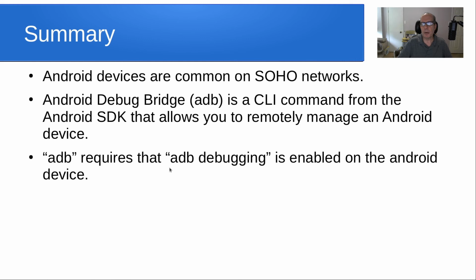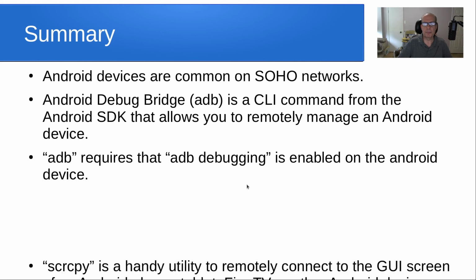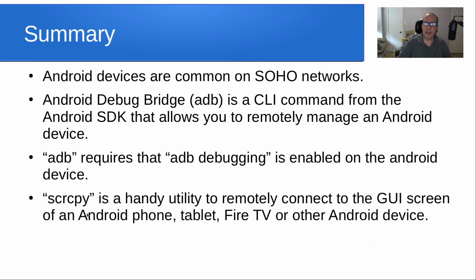And ADB requires that ADB debugging is enabled on the Android device before you can make a connection. And scrcpy is a handy utility to remotely connect to the GUI screen of an Android phone, tablet, Fire TV, or other Android device.